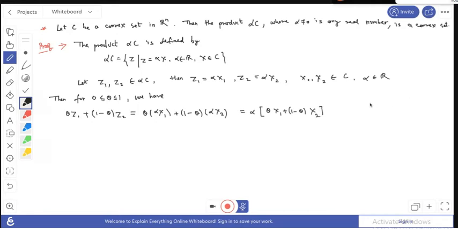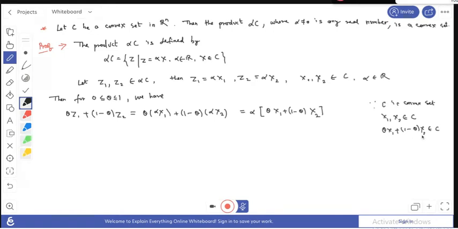You know that this C is convex, and x1 and x2 belong to the set C. Since any set is convex, if we take any two points x1 and x2 that belong to that convex set, the convex combination of these two points also belongs to the set C. Because C is convex, this condition holds.